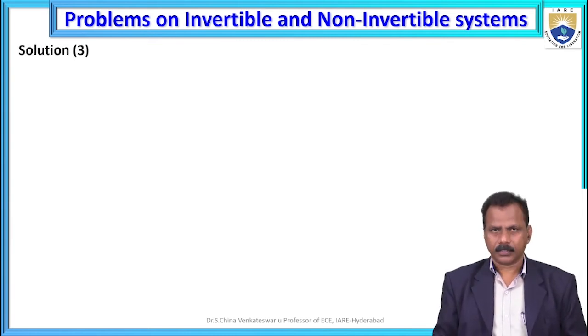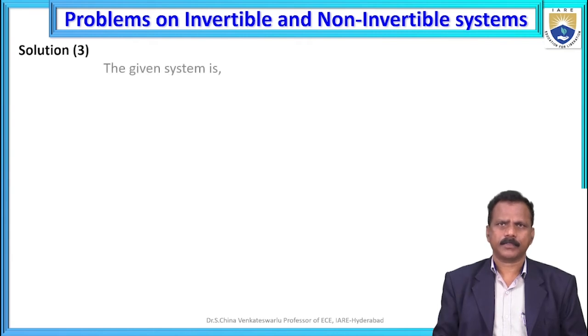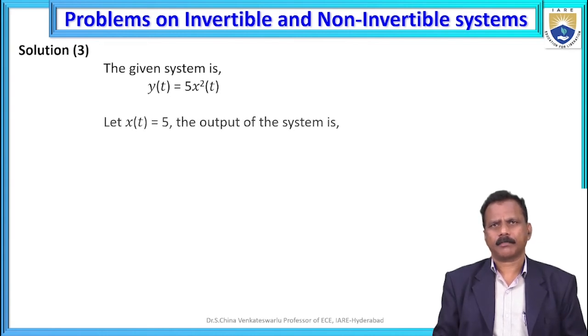Next, third, the system is given: y of t is equal to 5x square of t. Let x of t be equal to 5.